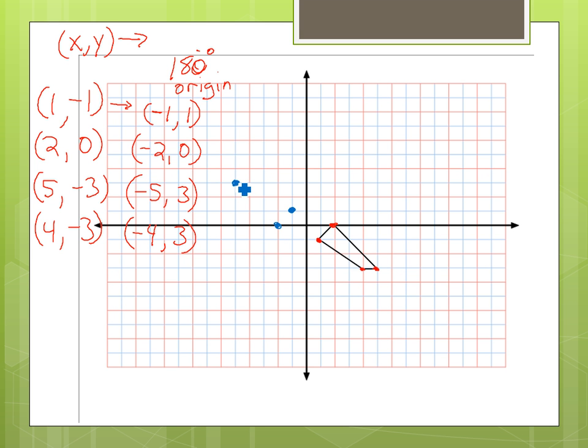And (-4, 3) is going to be here. So our new shape, not drawn very well, going 180 degrees about the origin is going to look something like that. And again, my shape looks too big just because I can't draw very well.